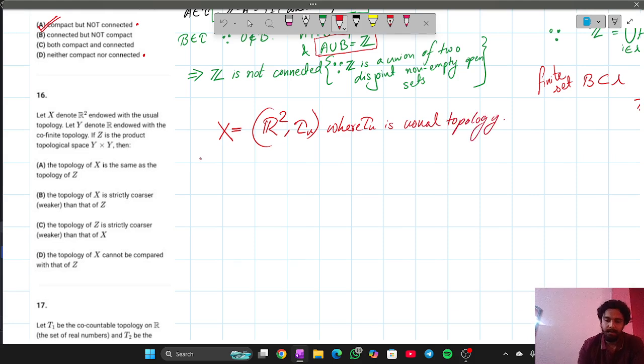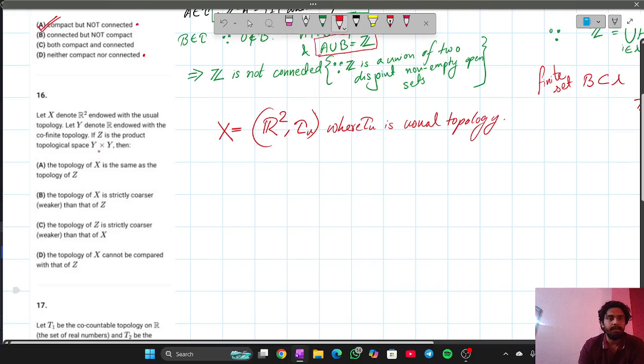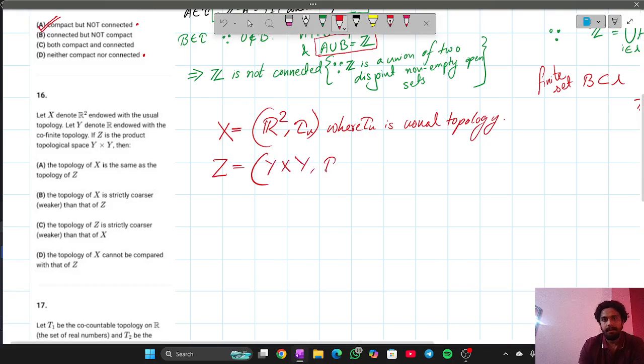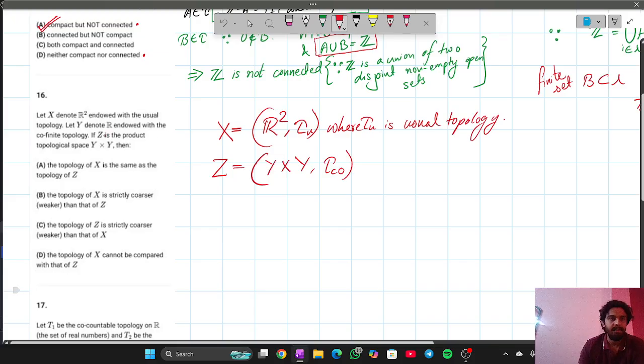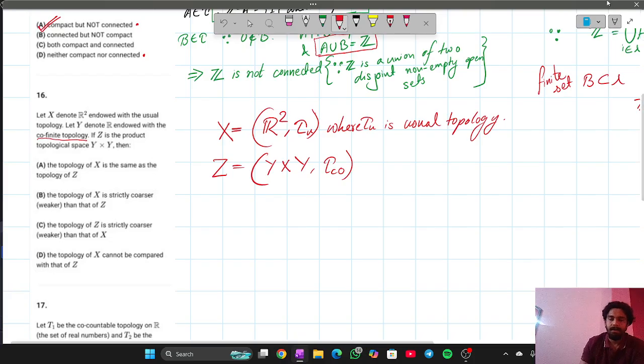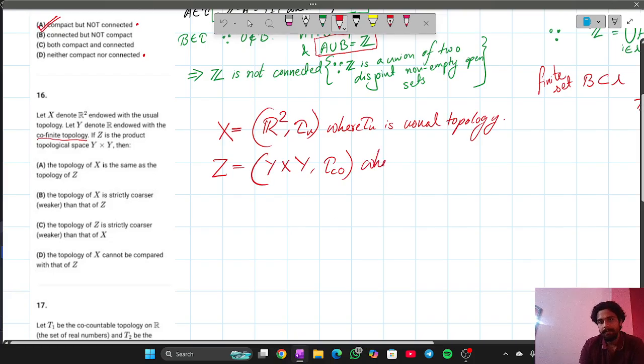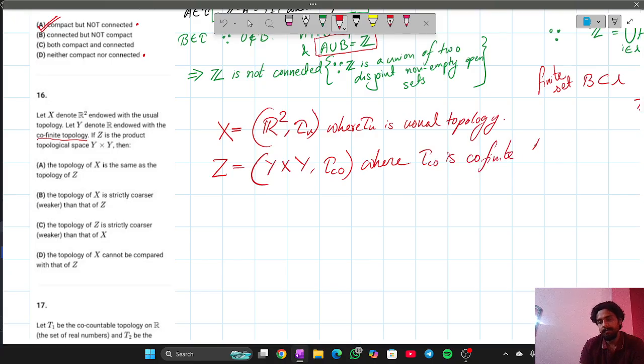And now Z is the product Y cross Y, that is Z is equal to Y cross Y with CO, and this CO will stand for cofinite topology, where TCO is cofinite topology. Okay, it's all right.